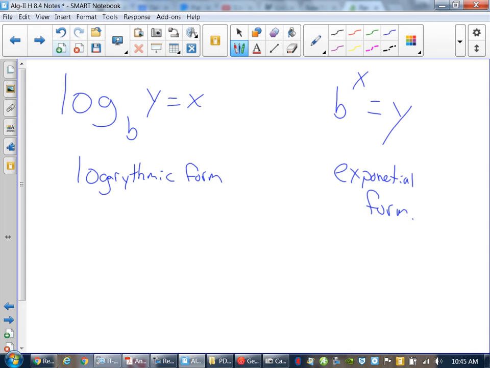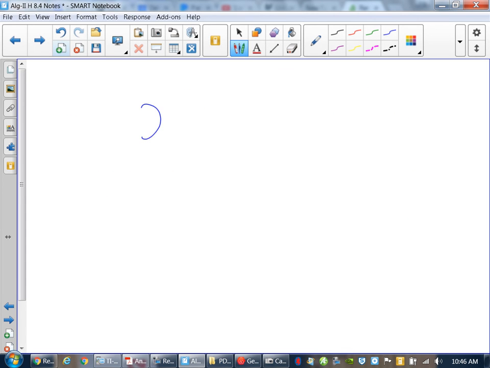Now, when we go back to the idea a second ago, where I had the example of 2 cubed was 8, that's exponential form. If I want to switch this into logarithmic form, well, if I look at 2 cubed equals 8, what's the base in that problem? 2. So it's log base 2 of 8 equals 3.